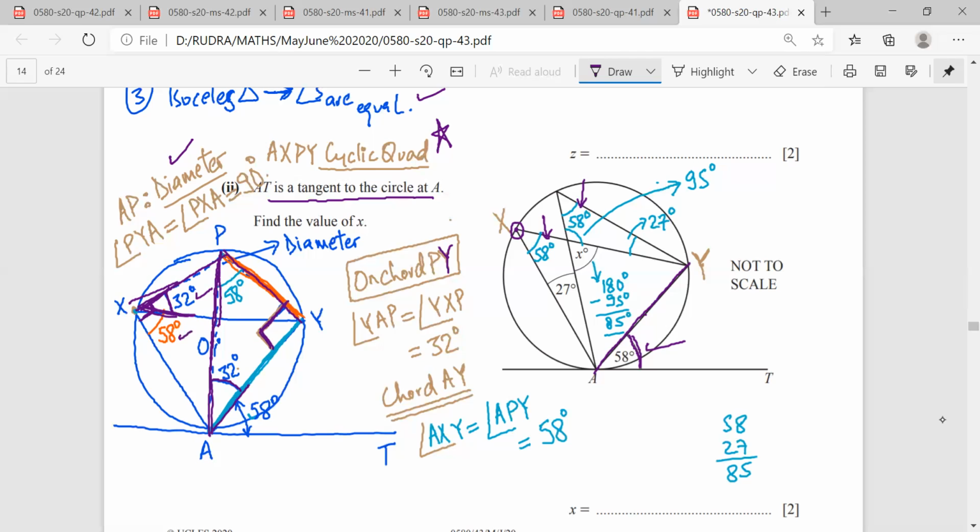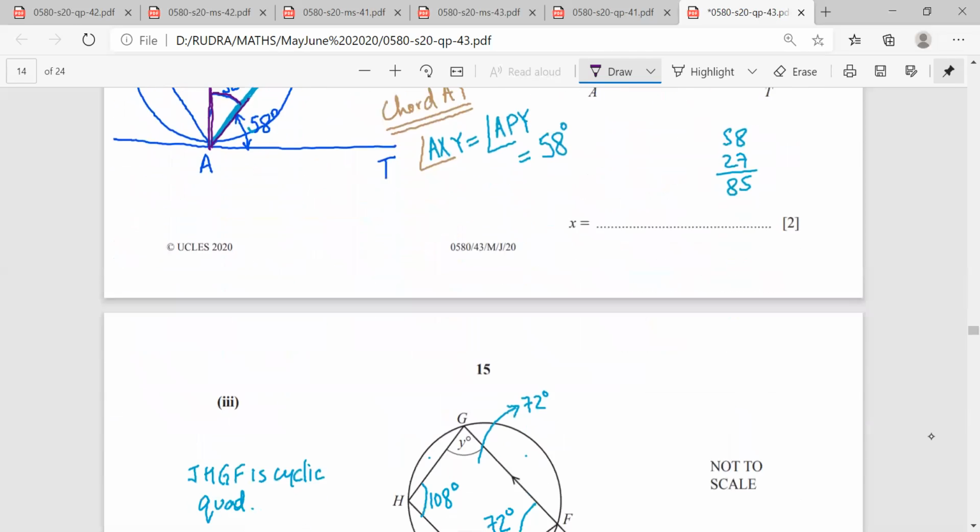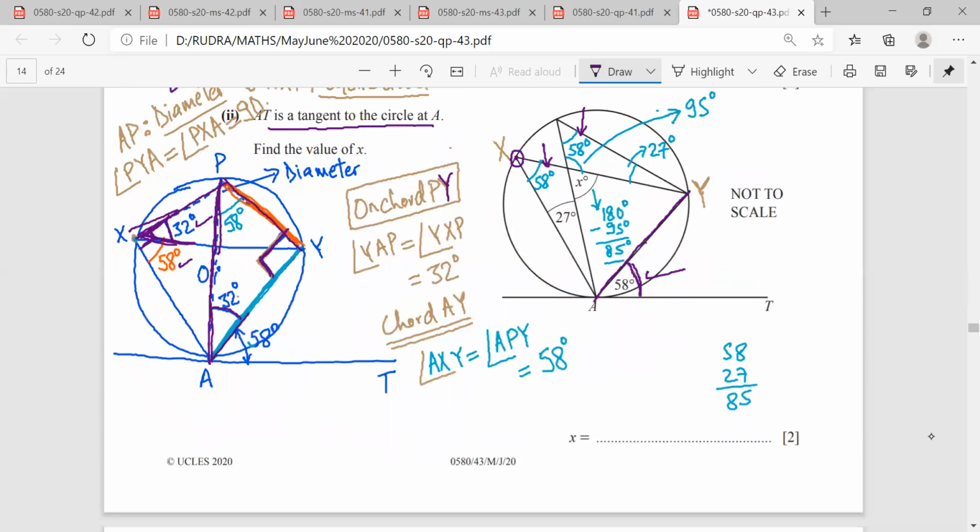And that is what I wanted to prove: if there is a chord and a tangent and they are making an angle theta between them, then the chord on the opposite side of the tangent would be making the same angle theta. Any confusion? No, sir.